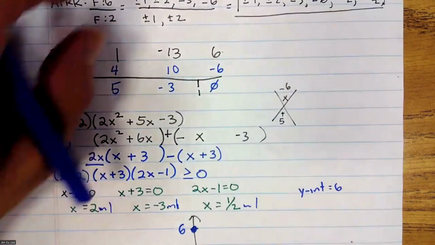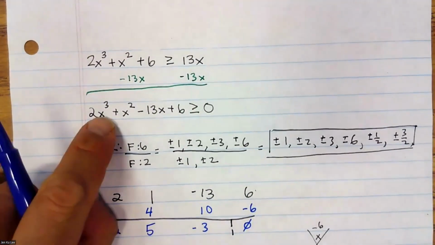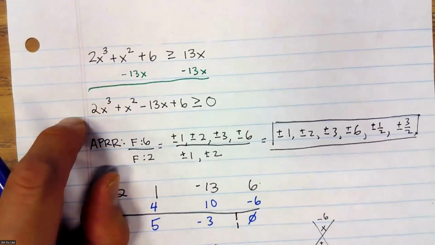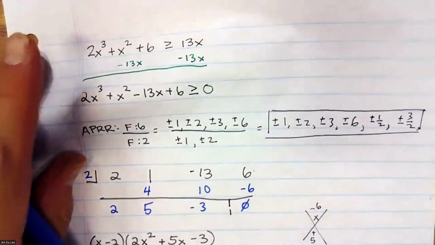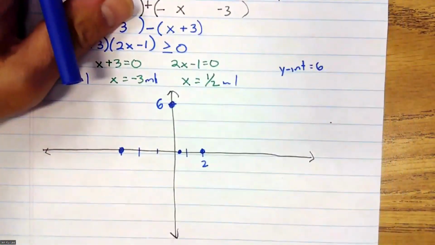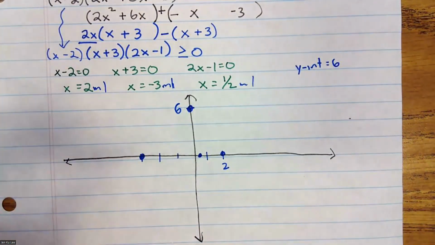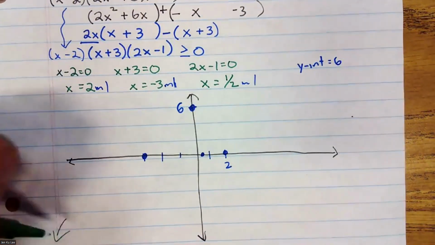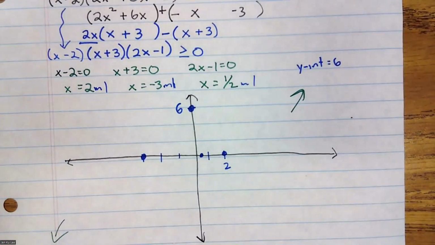And now if you look at the original question, the degree is 3 and it's positive. So it's a positive odd degree. So my end behavior is positive odd, which would look like what? Down, up, right? That would be my end behavior.